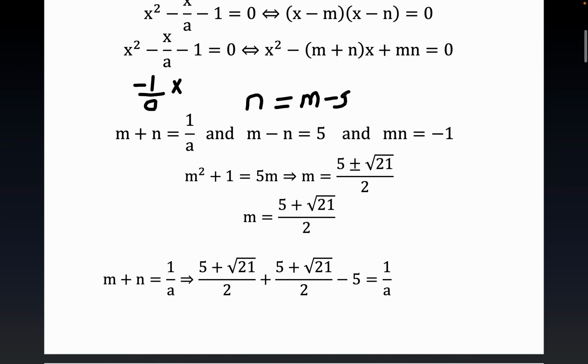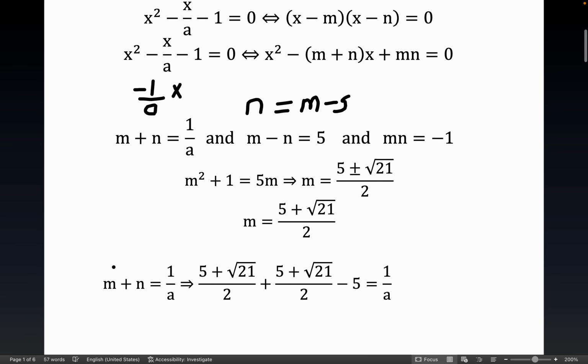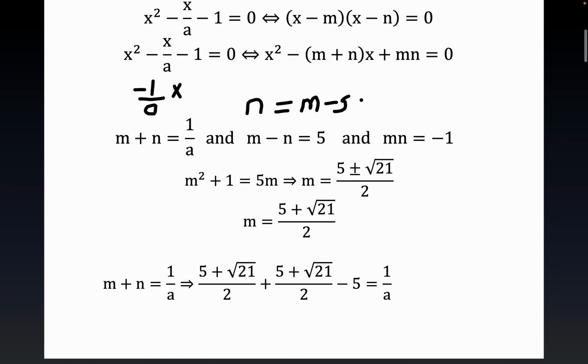Now I guess you can see why that's important, because right here we have m plus n. Well, this part is n, but this would be m minus 5 right here, right? See, m is this guy right here, but n is equal to m minus 5 from this statement, and that's exactly what happened here. So that's kind of cool. I like that a lot.